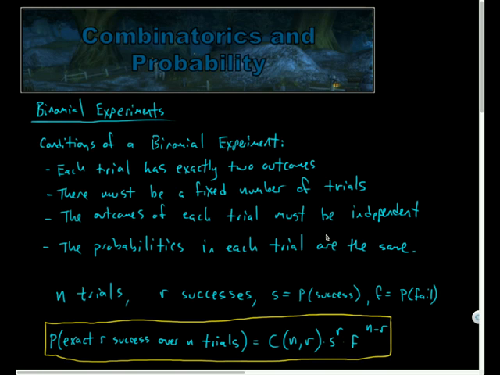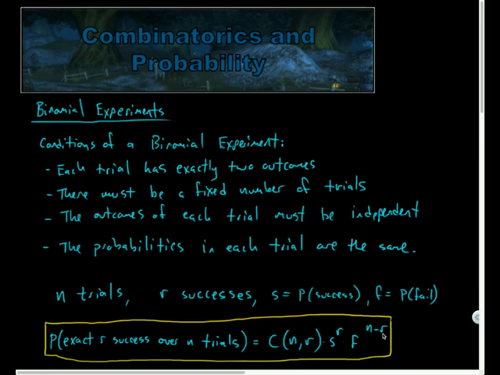I have to have situations that are not reliant on one another, or the probabilities can't change from one attempt to another. And similarly, the probabilities in each trial are the same. The probability of success in every single trial or attempt remains the same, and the probability of failure also remains the same.